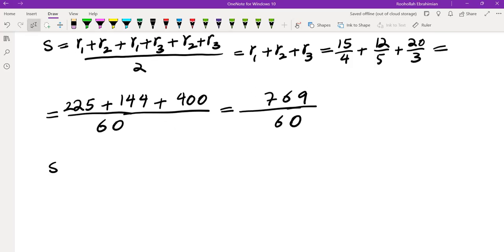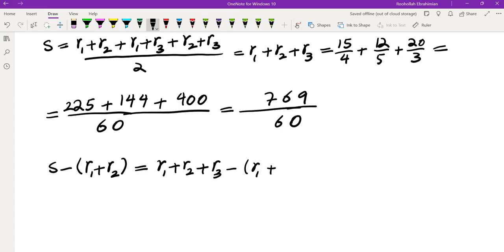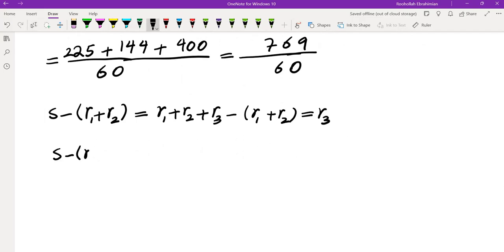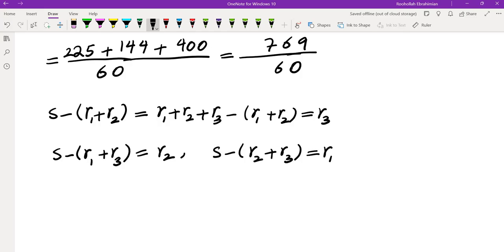Now, if you look at the semi-perimeter minus one of the sides, which is R1 plus R2, that is R1 plus R2 plus R3 minus R1 plus R2. So it's going to be R3. Similarly, the semi-perimeter minus the other two sides can also be evaluated. The semi-perimeter minus R2 plus R3 is going to be R1.